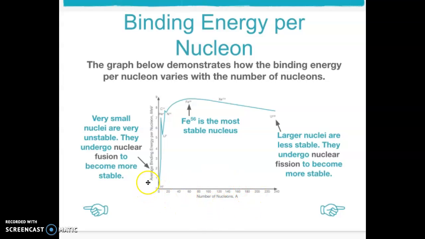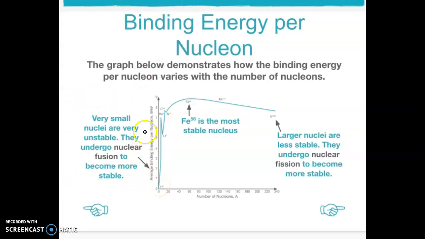And then the average binding energy per nucleon on the y-axis. So if we take something like hydrogen, or an isotope of hydrogen in its simplest form, which is 1 proton, you would put 1 on here, and you would find out the binding energy and plot it.